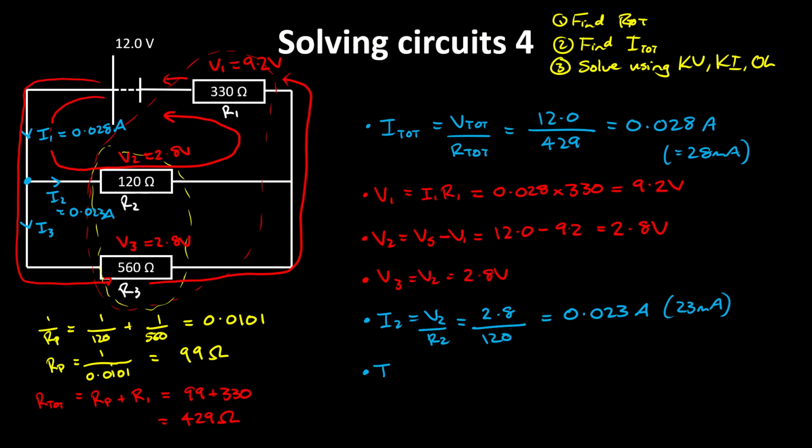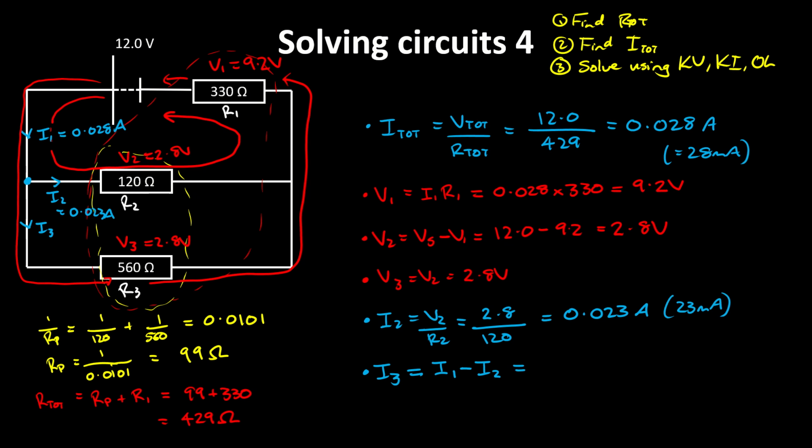Now we could do the same calculation with Ohm's law again and you'd get the correct answer. But there's another way of doing it, and I'll show you. It's looking at this junction. We know that the total current is I1 and that I2 is taking some of the current, and the rest must be I3.